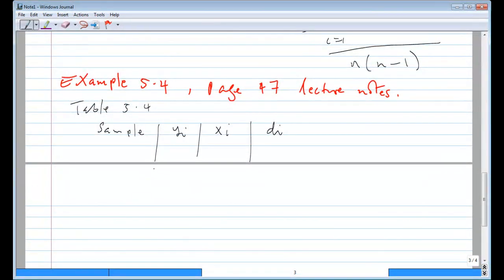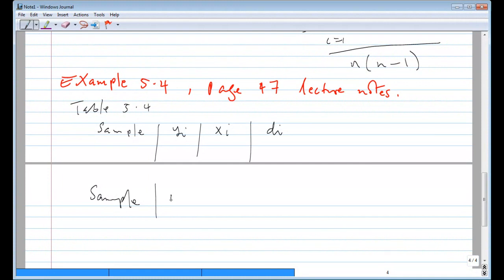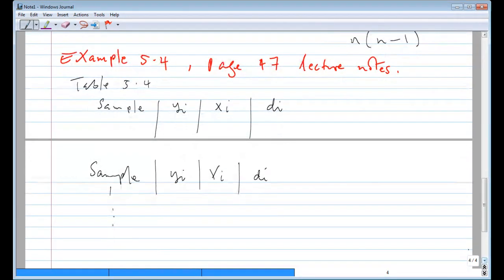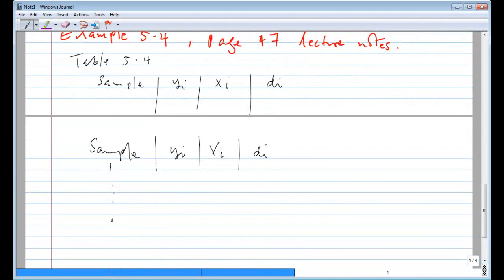Now, just a simple audit value and book value and the difference. So it's 1 up to 10, and the audit value started from 9, 14 up to 170.